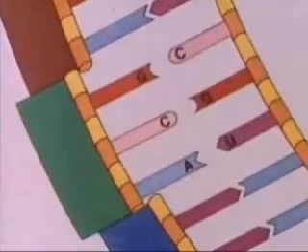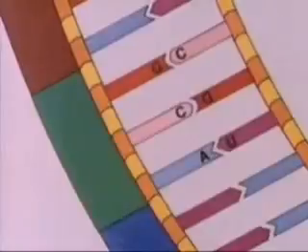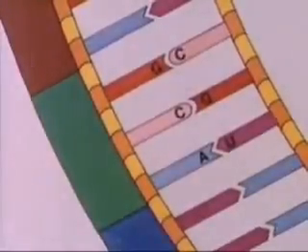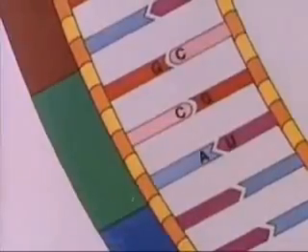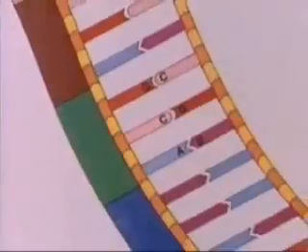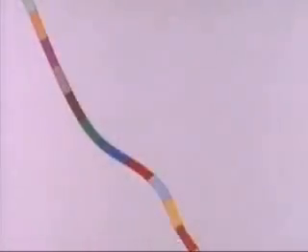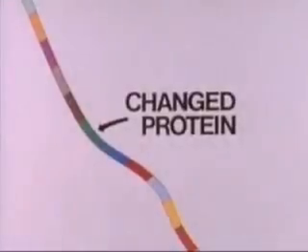A different unit of transfer RNA with the anticodon guanine, cytosine, adenine does fit, but of course it carries a different amino acid, the green rectangle. The polypeptide now carries a new amino acid at one point. We have, in fact, a changed primary sequence in the protein.